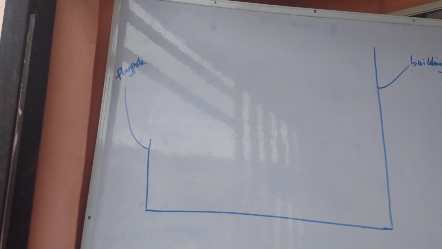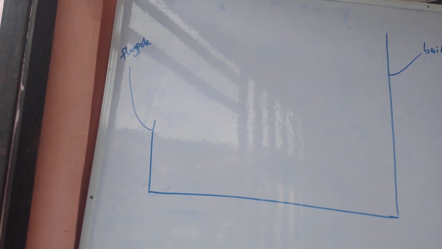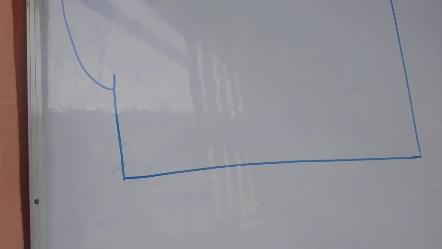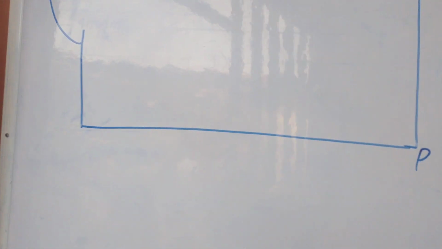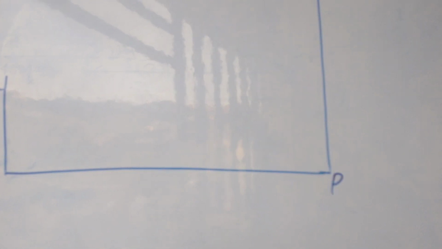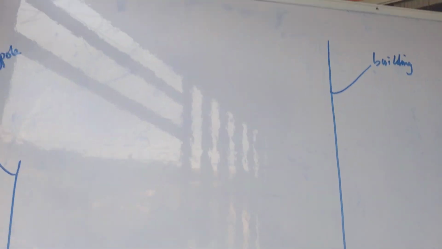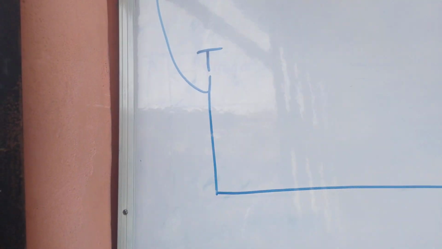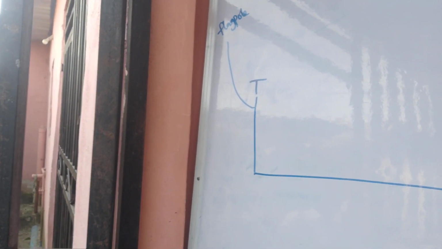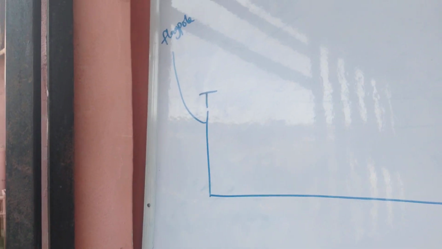Then it goes on to say, from the point P at the bottom of the building, the angle of elevation of the top T of the flagpole, the top of the flagpole is T, is 65 degrees.